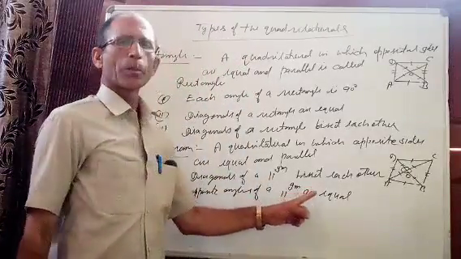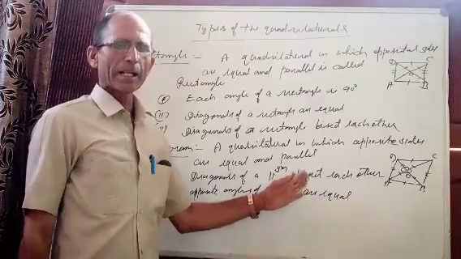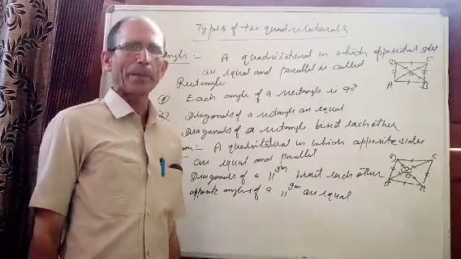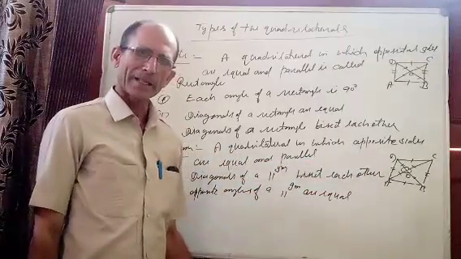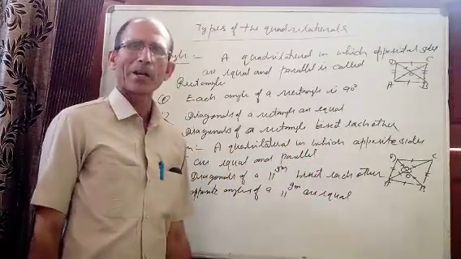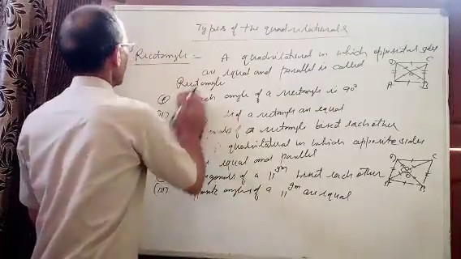So these are the properties of a parallelogram. Once again I am repeating: a quadrilateral in which opposite sides are equal and parallel is called a parallelogram. Diagonals of a parallelogram bisect each other. Opposite angles of a parallelogram are equal. Next quadrilateral is square.